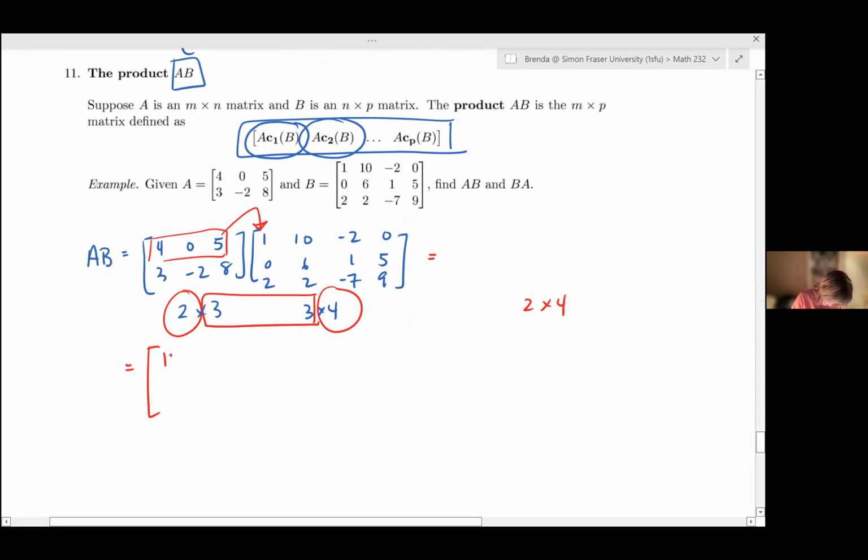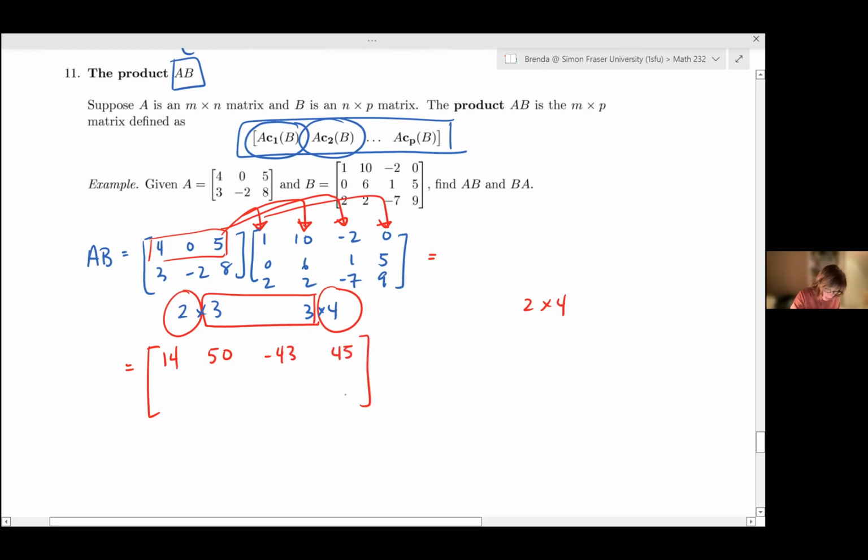I get here 14. I take the first row into the second column. I get 4 times 10 plus 0 times 6 plus 5 times 2. This number here is 50. I take the first row into the third column, get minus 43. I take the first row into the fourth column, I get 45.